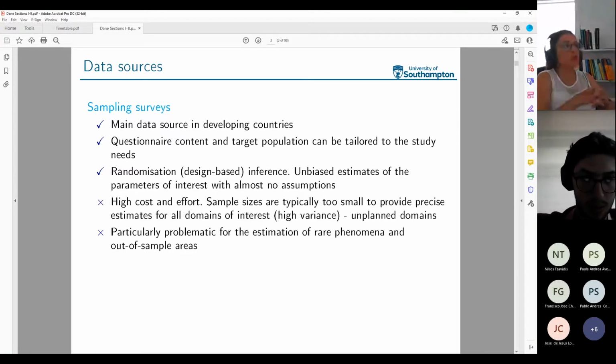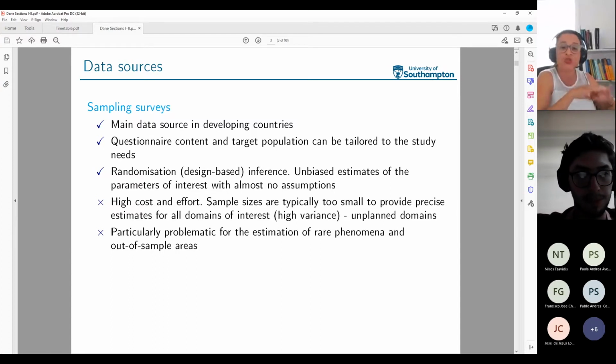The second reason is because sampling surveys usually are analyzed under the randomization or design-based framework of inference. I'm going to talk a bit more about that a little bit later, but the basic idea is that it's not simple, but it's a very flexible framework of inference that is based on a very limited number of assumptions.